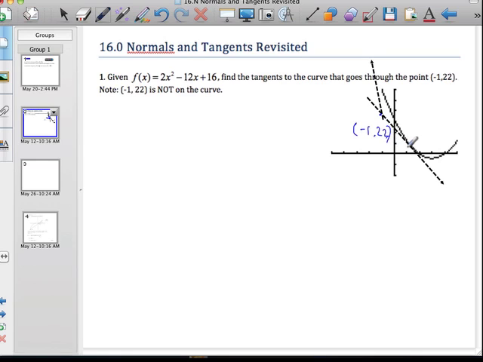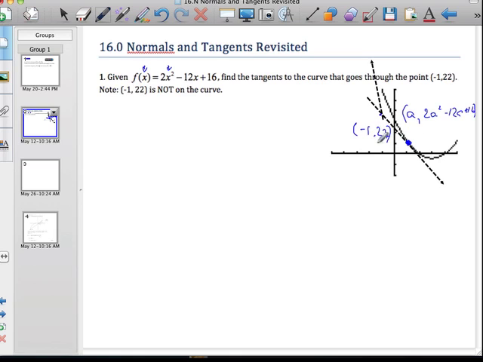One thing I do know is that any point on this curve is going to be represented by, I'll call it A. I don't know what the value is, but it could be A. And the y value for my function, if I plug A in for x, would be 2a squared minus 12a plus 16. And that's always the y value. So if A is 1, I plug in 1 here and I get 2 minus 12 plus 16. I do the calculation to get y.